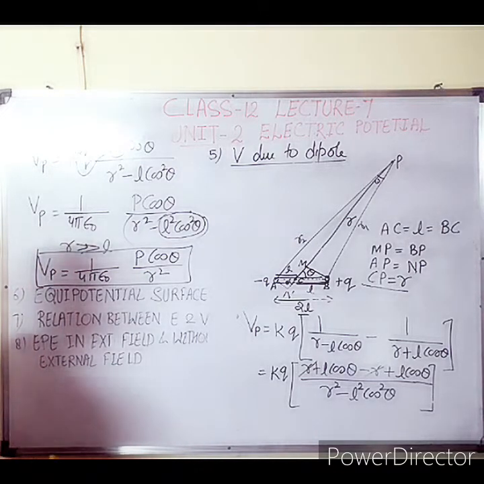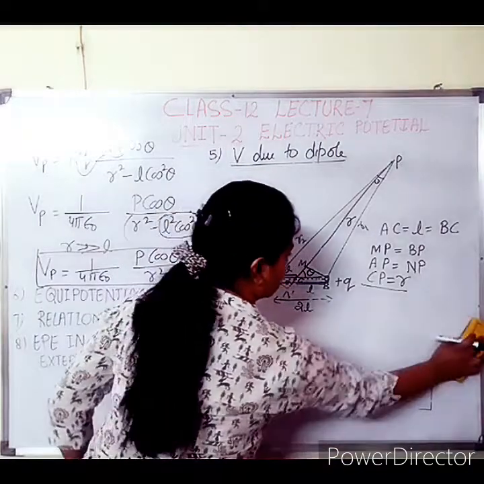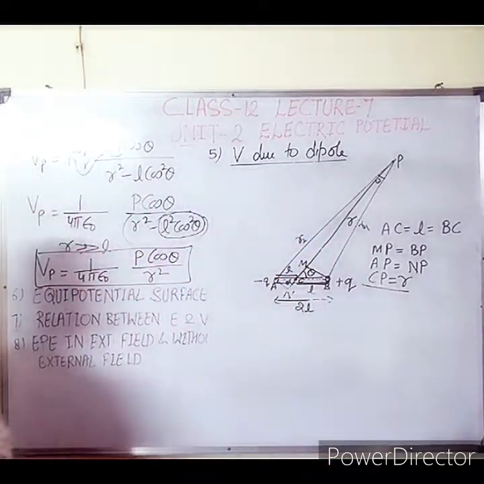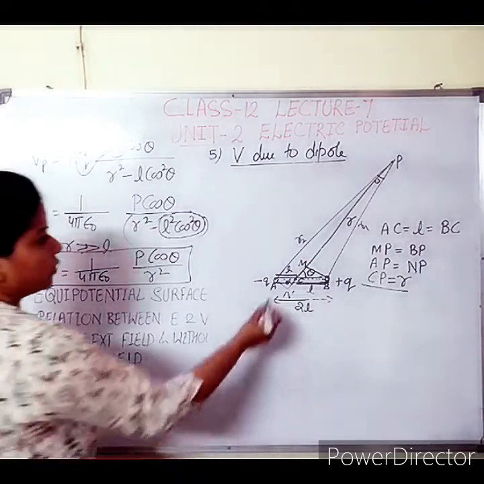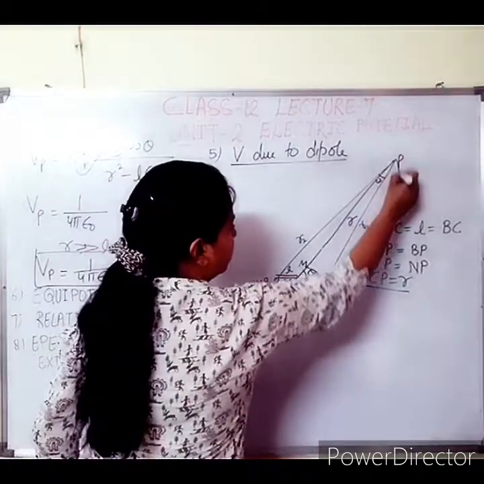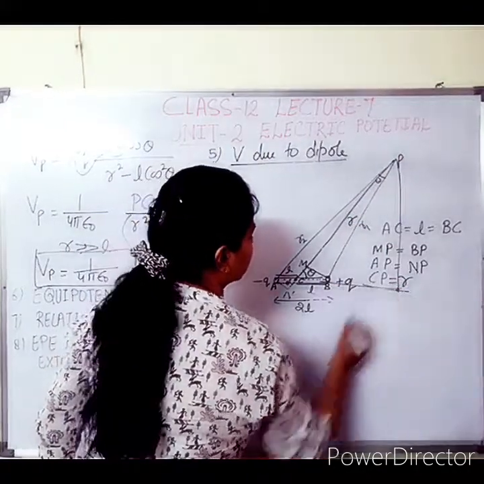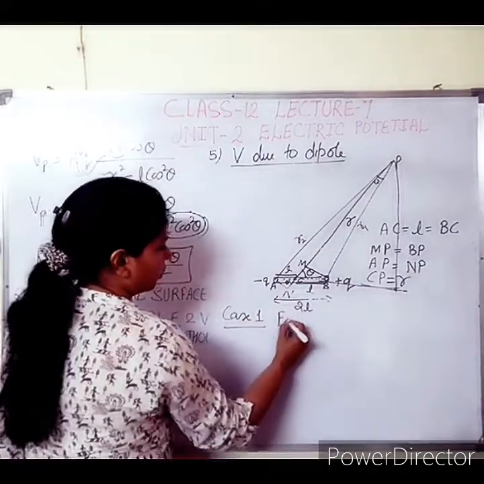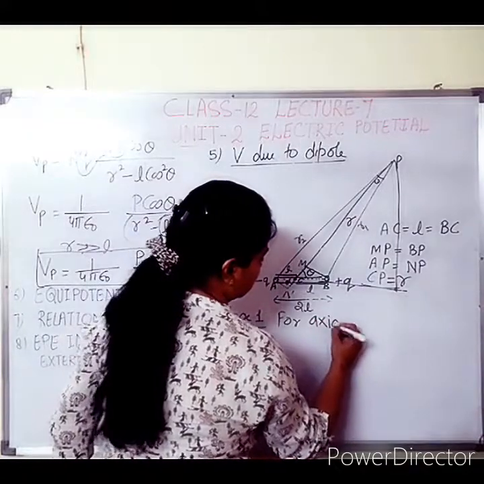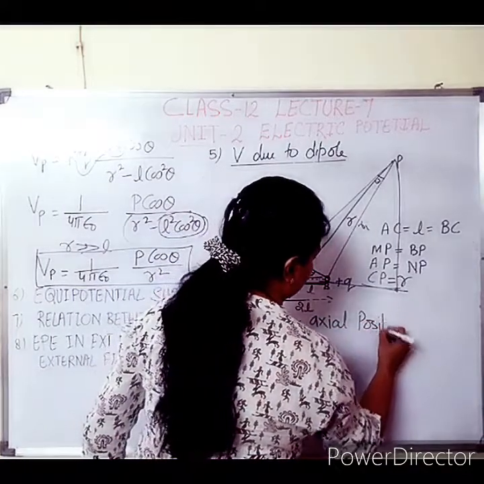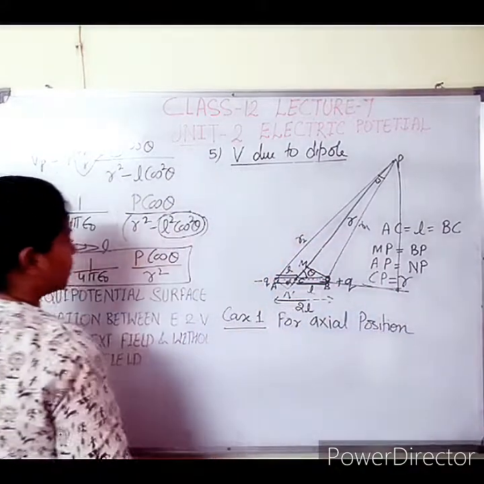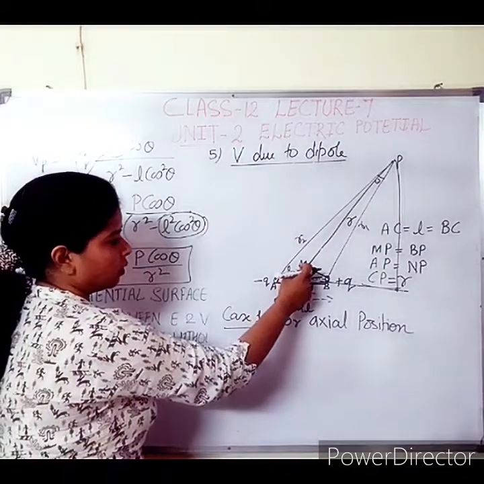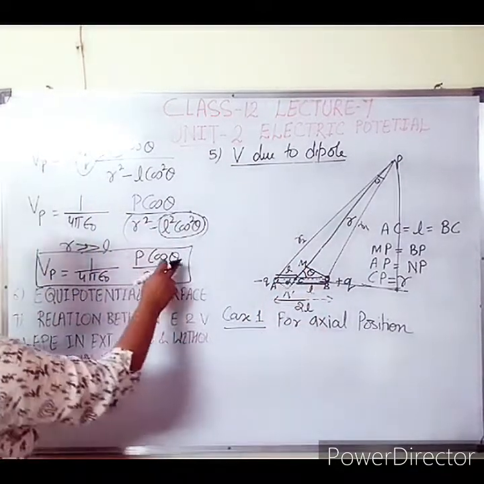Now you can take the two cases which I discussed, as shown earlier, that if this theta is 0, the point will come here in the axial position. So case number 1, for axial position, we will get the result. We have to put this theta value as 0.